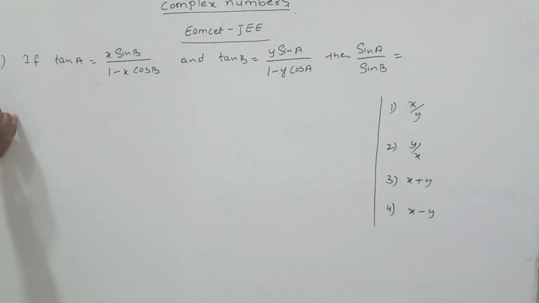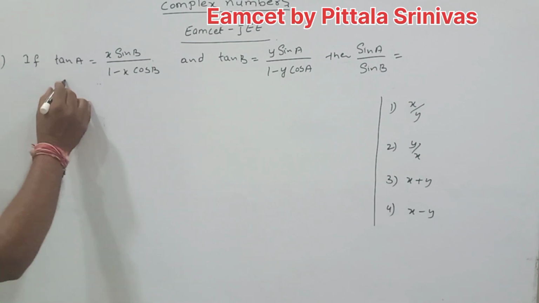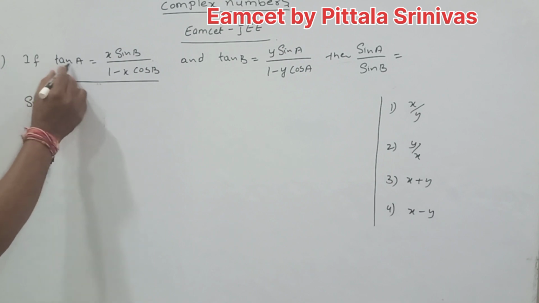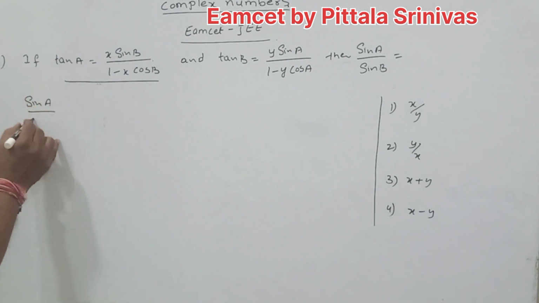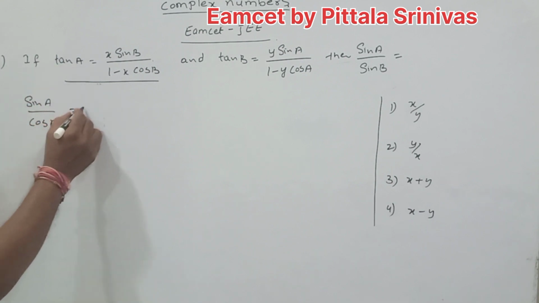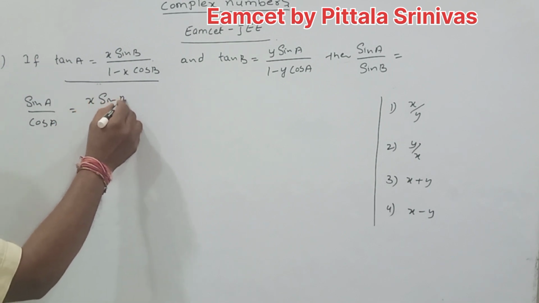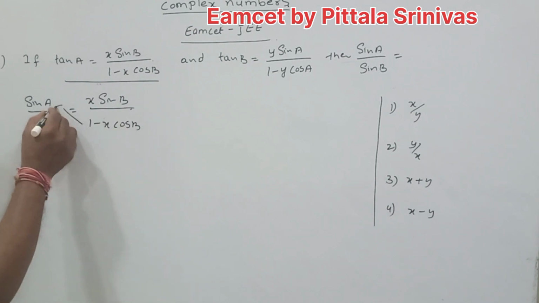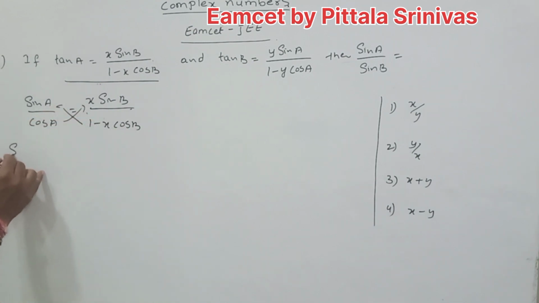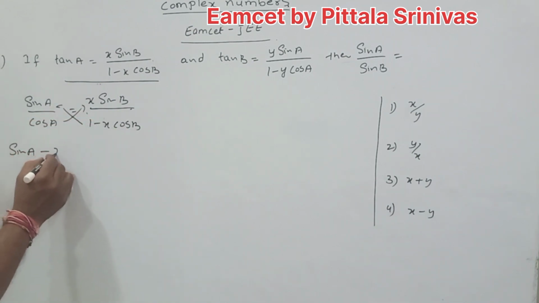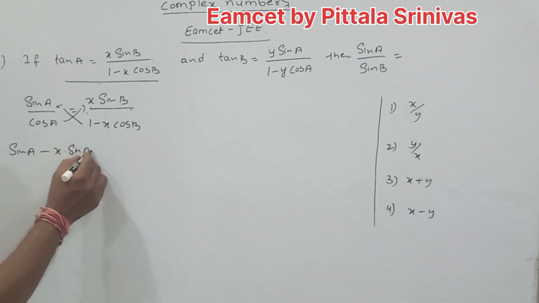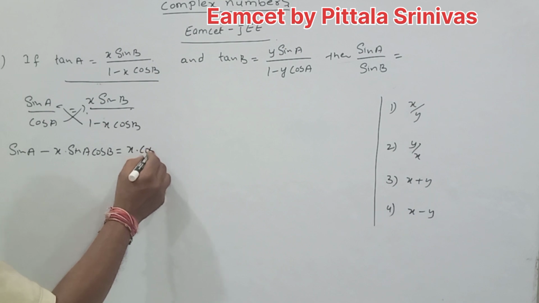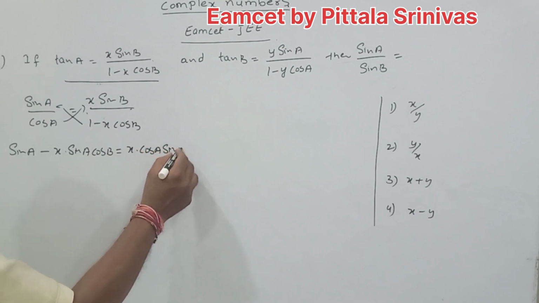So here we have given the first one, tan A is sin A by cos A is equal to x sin b by (1 minus x cos b). By cross multiplication, that is sin A minus x sin A cos b is equal to x cos A sin b.